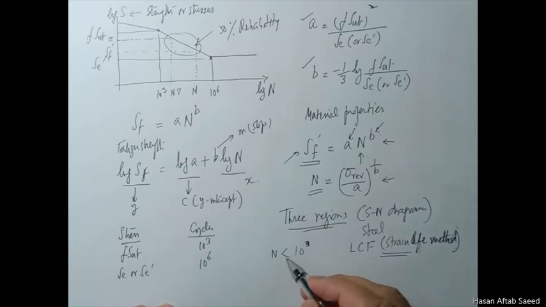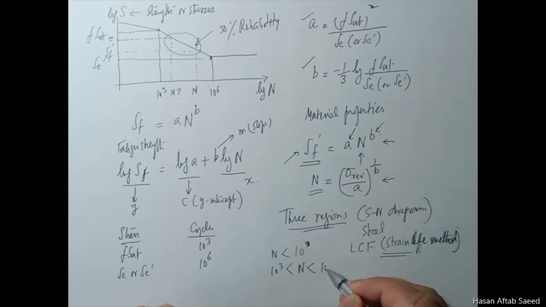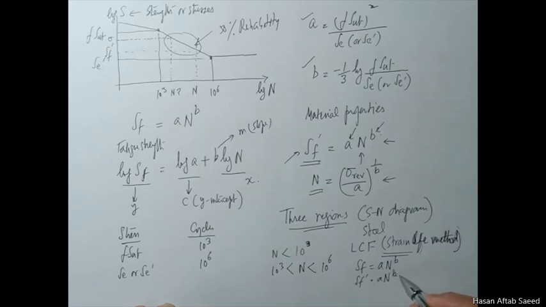The next is the region where the number of cycles is greater than 1000 and less than 10 raised to the power 6, 1 million. Here the equation that we'll be using is this or this. Again, the difference between the two is that this one is for real world applications, this one is for experimental specimens only.